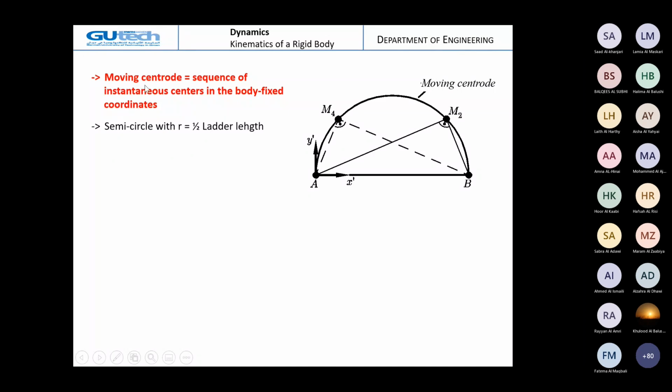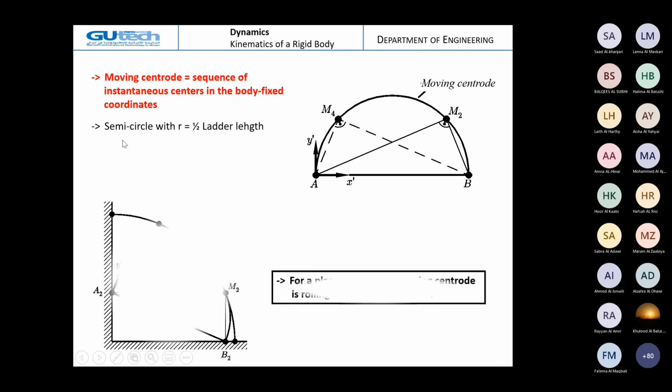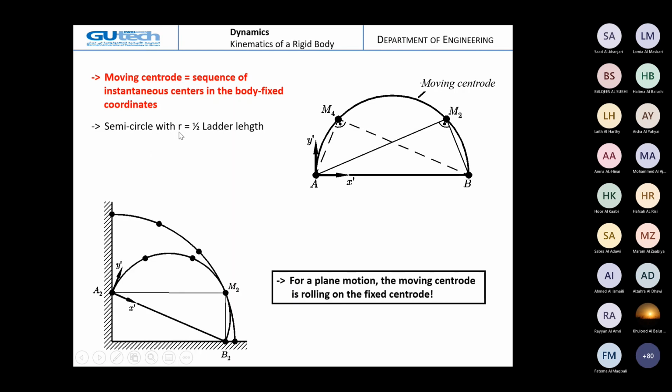Then we have here the moving centroid. It's the sequence of instantaneous centers in the body-fixed coordinate system. Here there is only a semicircle with radius R, which is half the ladder length. Now, for a plane motion, the moving centroid is rolling on the fixed centroid.